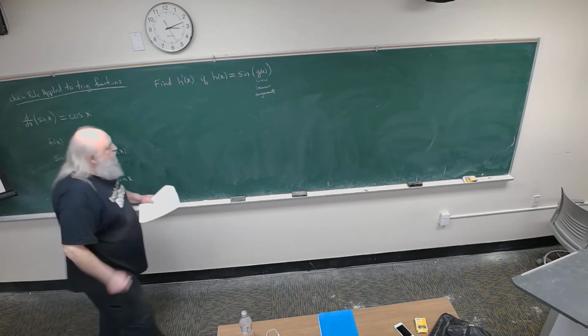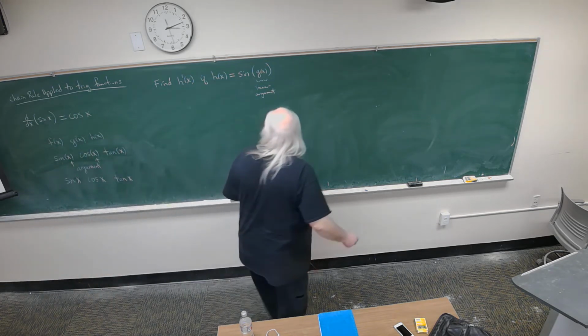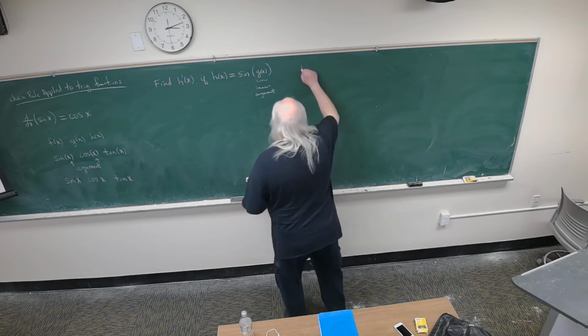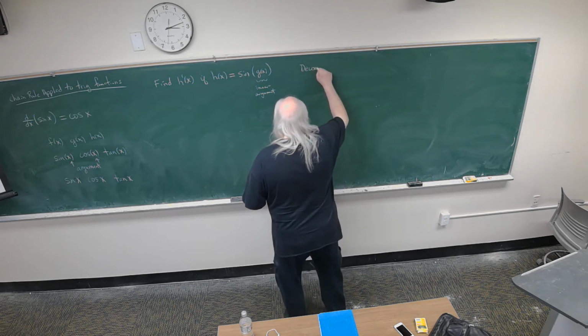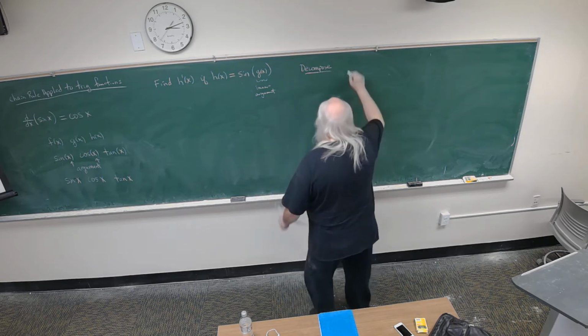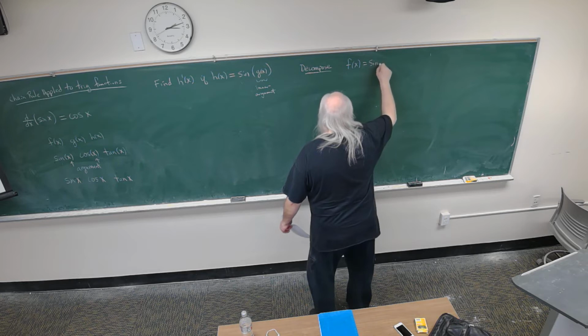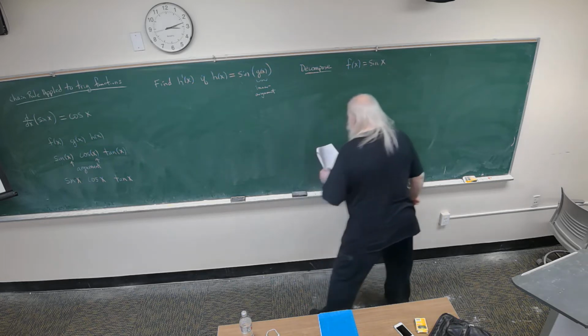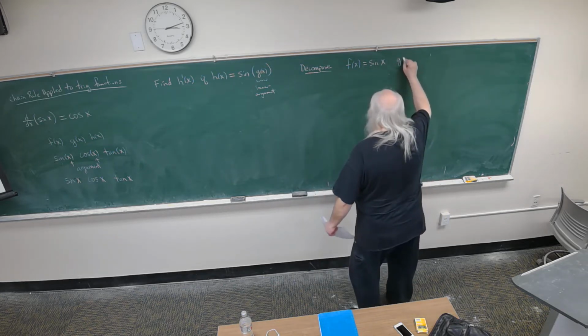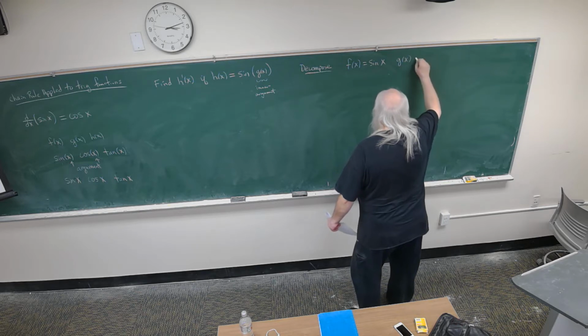All right, so if we decompose h of x, you will see that the outer function f of x is the sine of x, then g of x is the inner function.